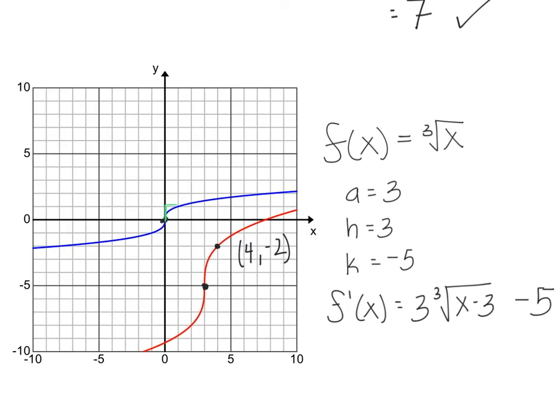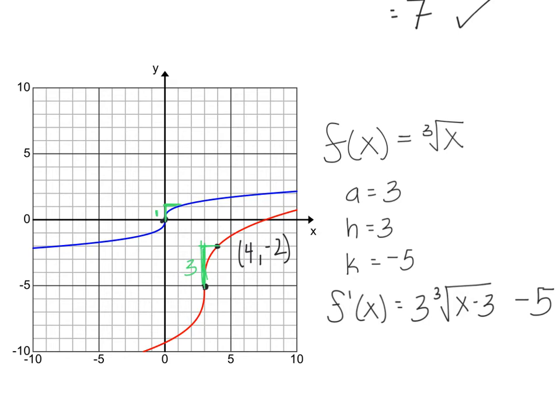My vertical change, I want to look at my vertical change, okay? A changes your vertical, so this is 1 and now it's 3. So to go from 1 to 3, a is 3. It's triple as high.